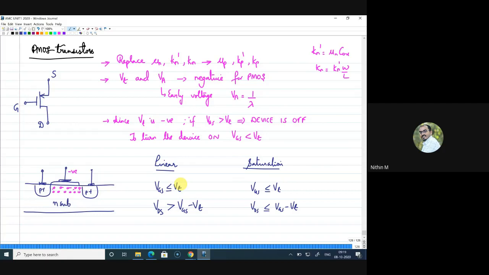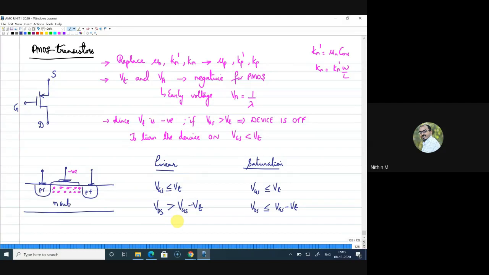As Namit suggested, we can also write this in terms of VSG. I do not want to bring in both the conditions together, because some of you may get confused. For those wondering what we are discussing now, take it from me: for NMOS transistors, whatever conditions we have studied, the same conditions with an inequality difference you can use for the PMOS device. That is as simple as that.